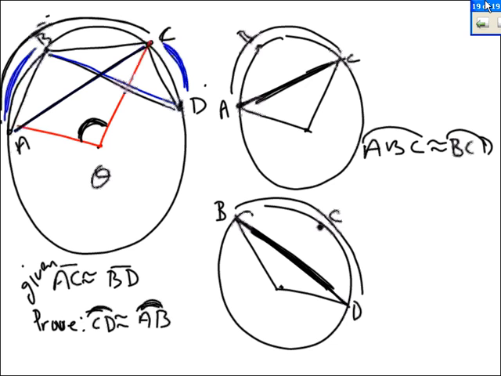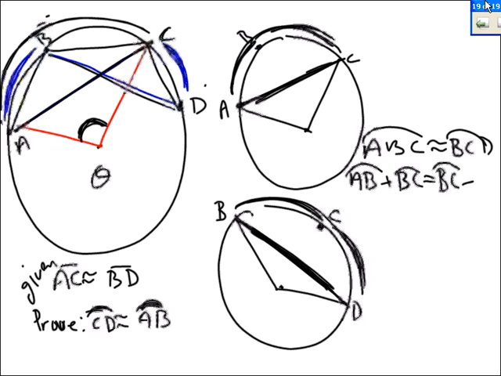But ABC is arc AB plus arc BC. AB and then add on BC. But BCD is arc BC and then add on arc CD. Take away BC from both sides.